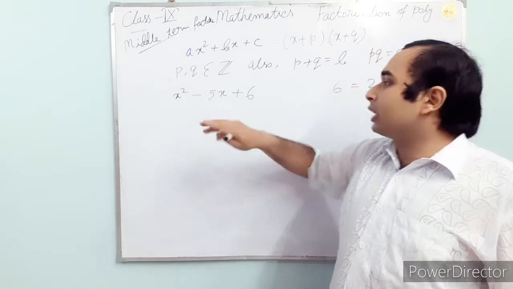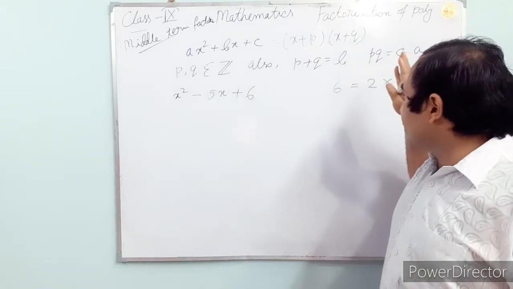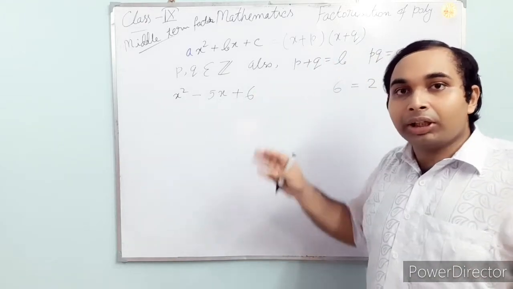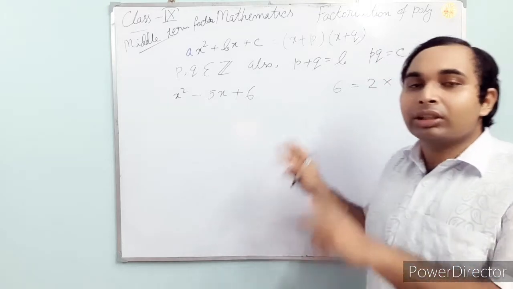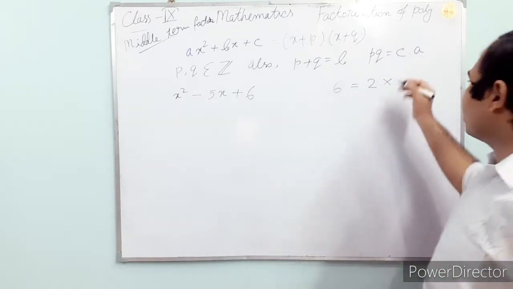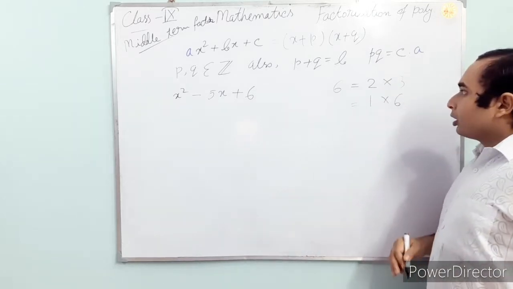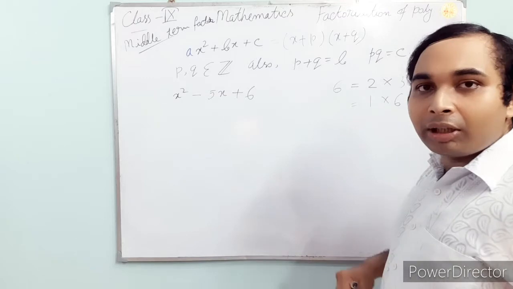If it was like that, 2 into 6 it is 12, so you have to factorize 12 so that you can make pairs of two numbers whose product will be 12. Here I am writing 2 into 3 and 1 into 6. Apart from this, no other pairs are coming here.